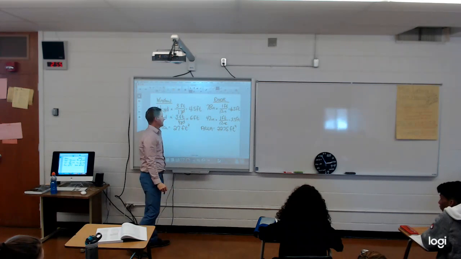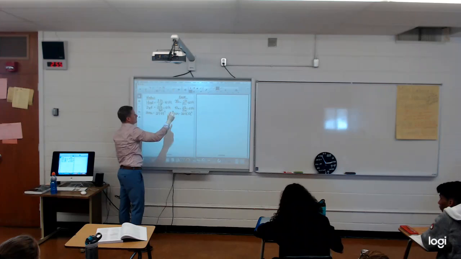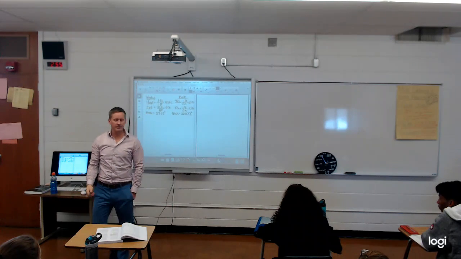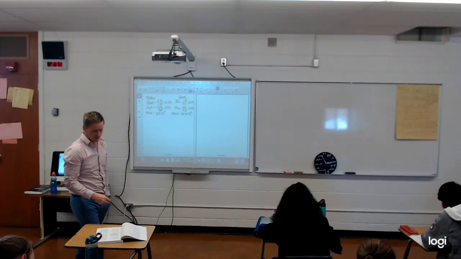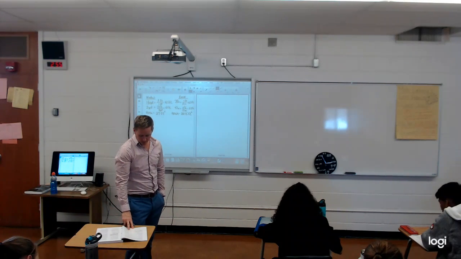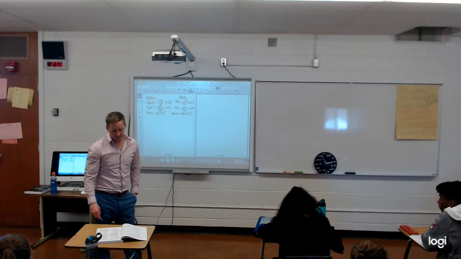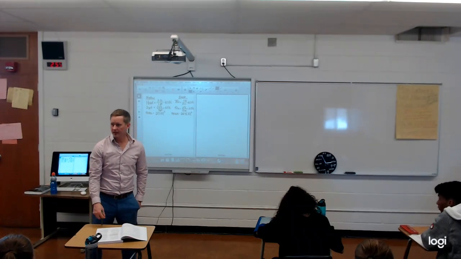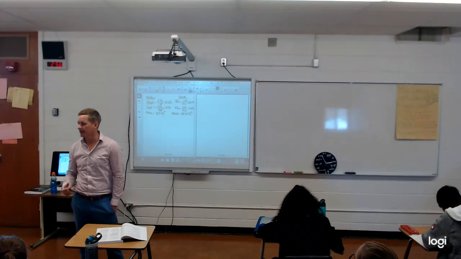Okay. So far, I have the area of the door, I have the area of the window. Now I need to find the area of the walls. Okay? So I have 52 feet as the perimeter, right? And the walls are 8 feet high.